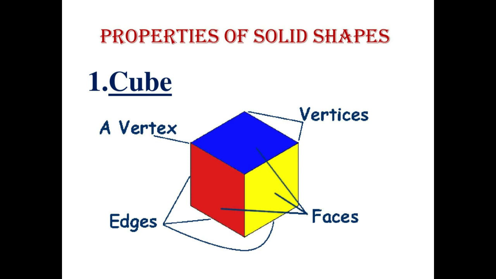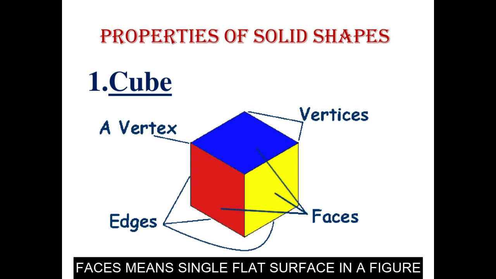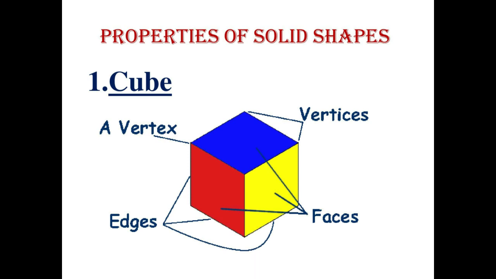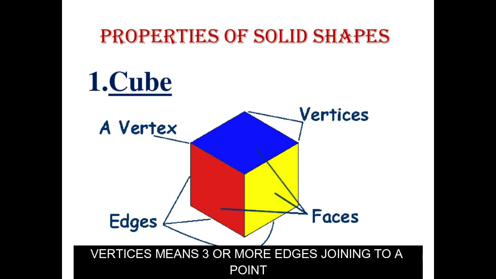Properties of solid shapes. First one is cube. Look at the picture. It is a 3D shape. How many faces are there in a cube? It has 6 faces. Faces means single flat surface in a figure. How many vertices are there in a cube? It has 8 vertices.